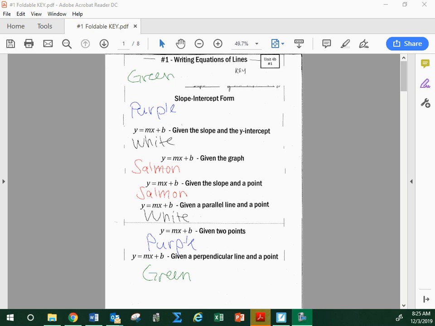Alright. Staplers are coming. I'm going to take attendance and we'll get started.